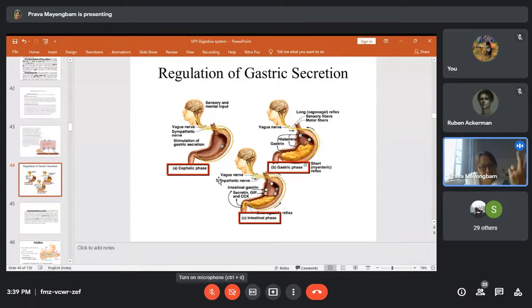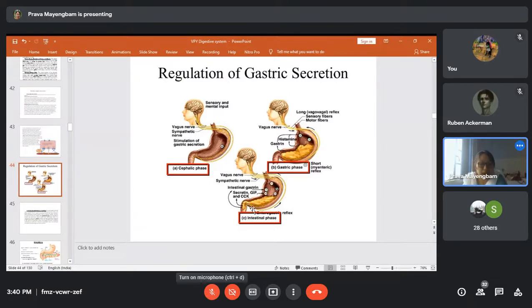Another phase is the gastric phase. The gastric phase is when food is present in the stomach. Another is the intestinal phase. The intestinal phase means when the food is present in the intestine, in the duodenum, which stimulates the secretion of cholecystokinin, secretin, and many other hormones.